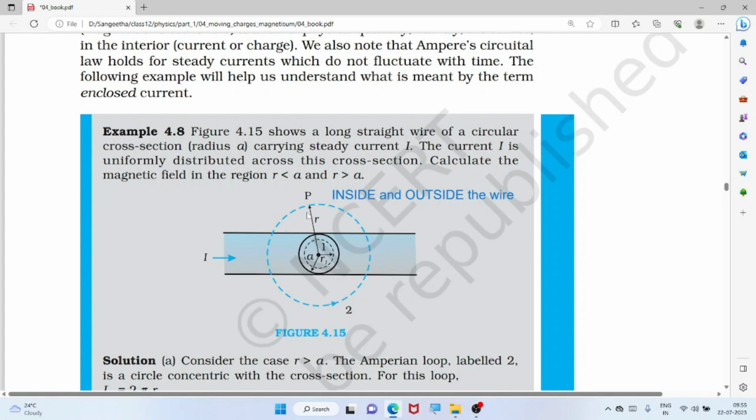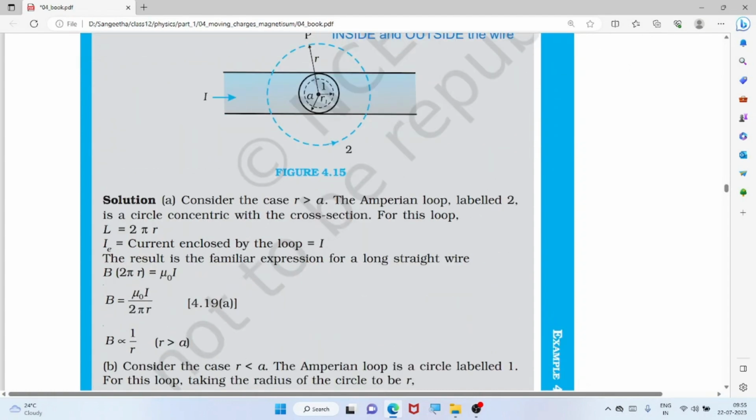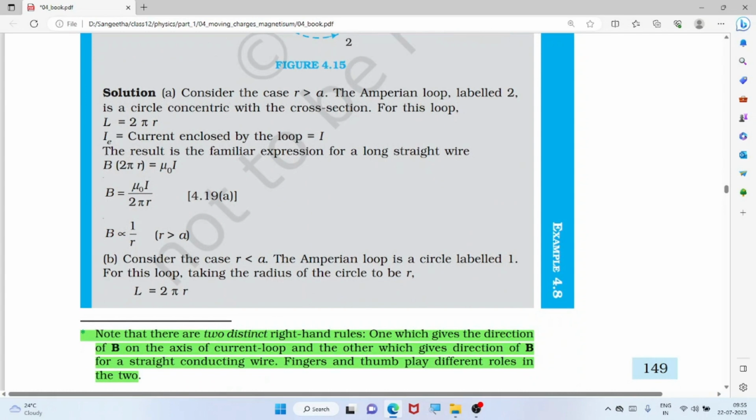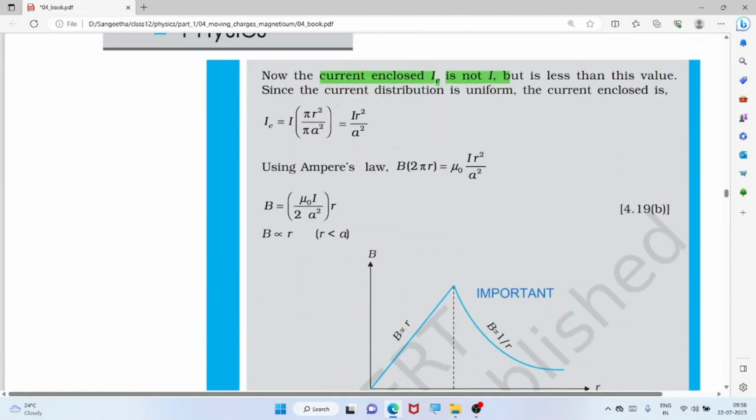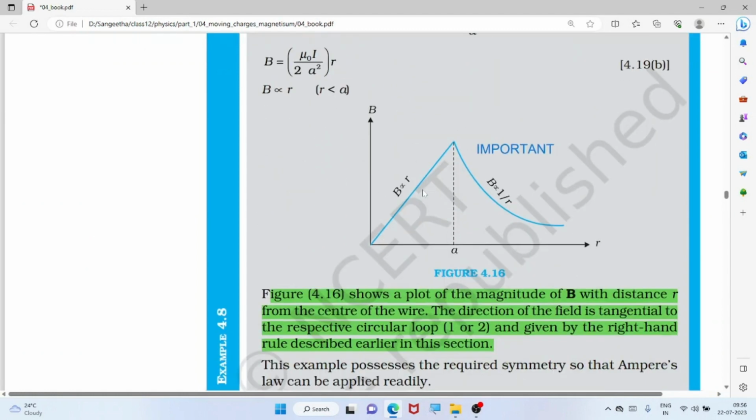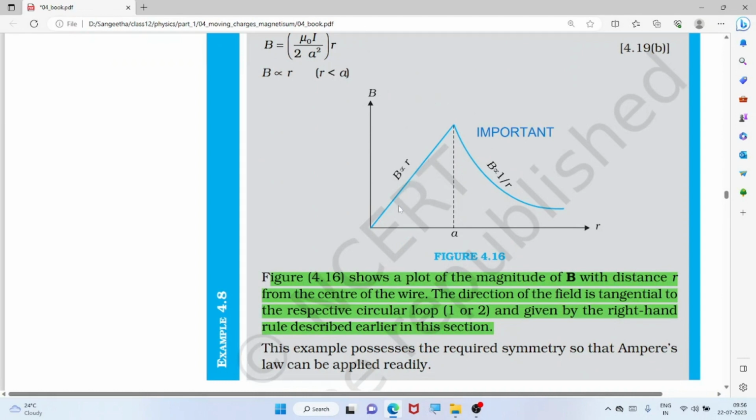So outside the wire the field will decrease, but inside the wire the field will increase. Outside the wire it is inversely proportional to R, so the field will decrease. But look at inside the wire: here it is directly proportional to R. As the distance increases, B will increase inside the wire, but outside the wire it is this one.